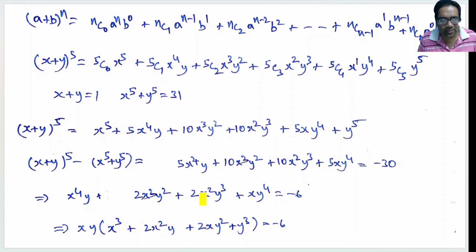Similarly, 2 x y square from here plus y cube. Now here again we are getting x cube and y cube, and we already have x plus y. Let us try to cube x plus y again and let's see.